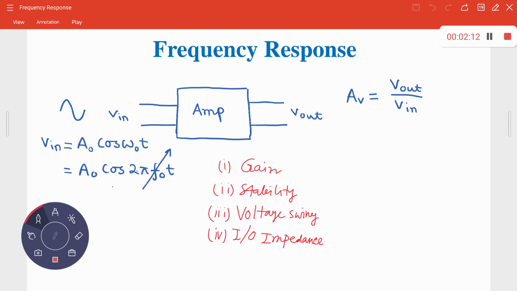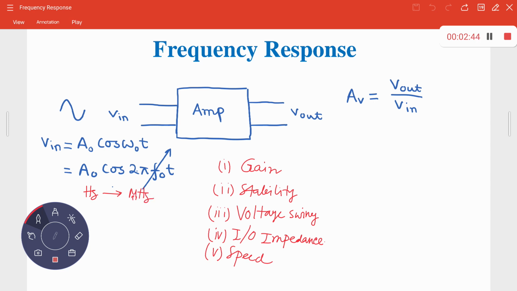Obviously the speed of the amplifier. That means what? Suppose you have provided some input like a naught cos omega naught t, where omega naught is equal to 2 pi f naught, f naught is the frequency, omega naught is the angular frequency, and suppose you are changing this frequency value. Suppose you start from a few hertz to, say, hundreds of megahertz.